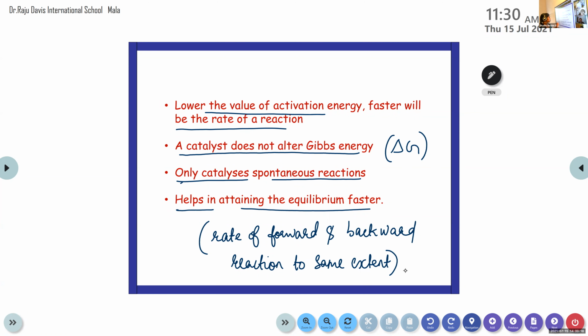That means it helps in attaining the equilibrium faster. One more point, a catalyst does not alter the equilibrium constant.